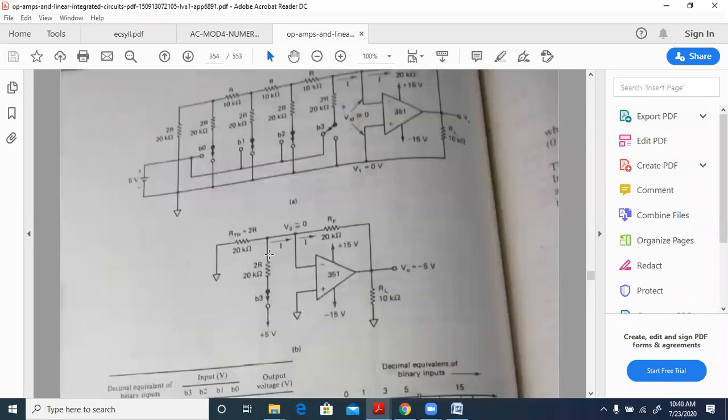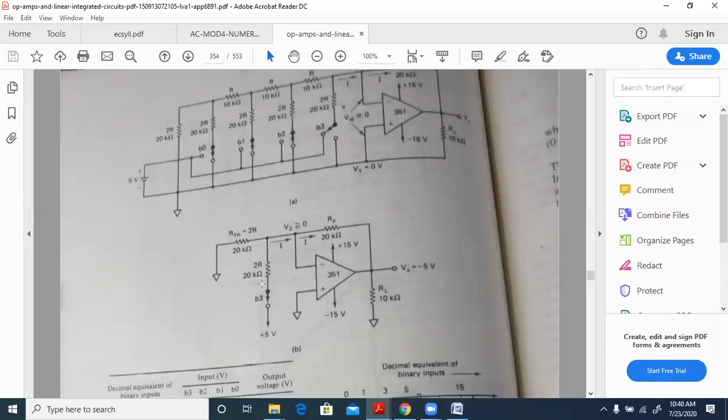This is grounded, so whatever current is there is going to flow like this. None of the current will flow through this because it is grounded. All the current should flow over here, and then we should find out the value. So 20, 20 and 5 volts will give a minus 5 volts in this case.